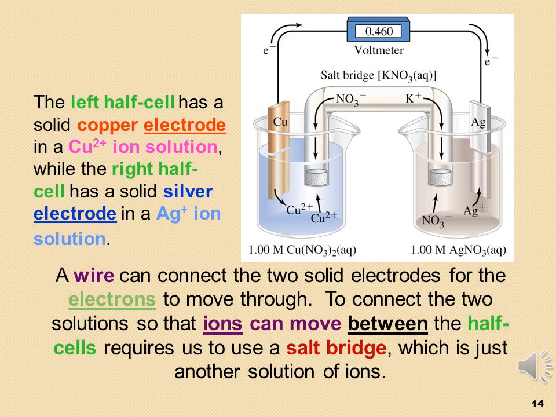To connect the two solutions so that ions can move between the half cells, we require a salt bridge, which is just another solution of ions. A salt bridge is made up of a salt such as potassium nitrate or sodium nitrate.